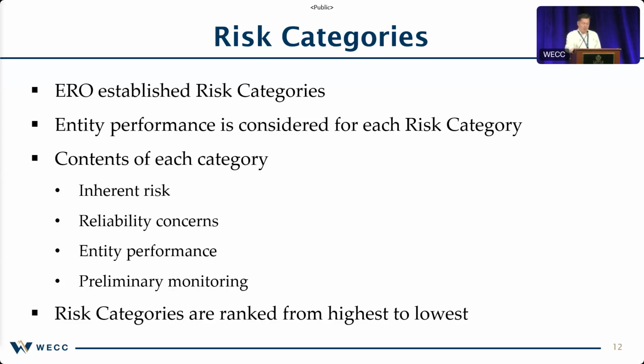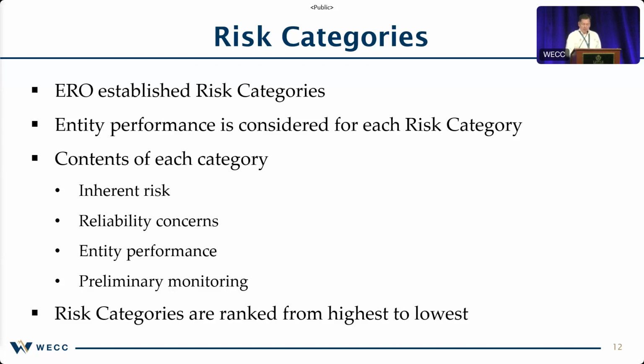So we will include specific instances where WECC has documented the entity's performance with mitigating the associated risks and addressing the identified concerns. So in that risk category narrative, you should see something in there that we have information on that says the entity has done this, they have good controls here, the audit team reviewed these controls at audit and said that they were implemented and effective, something to that respect.